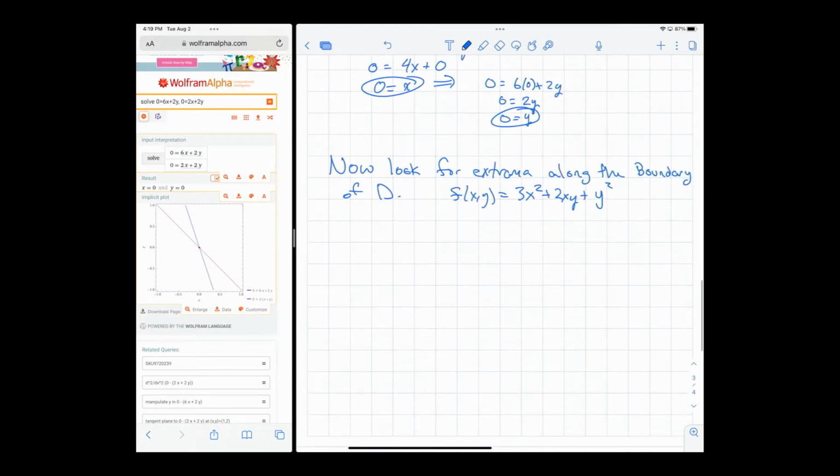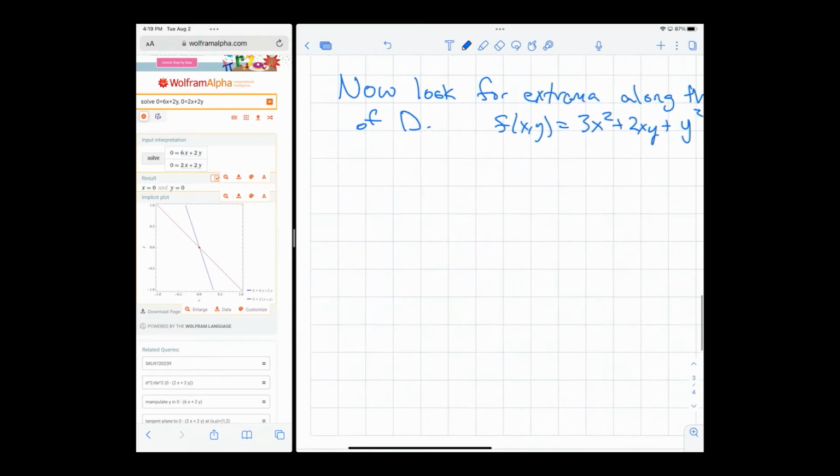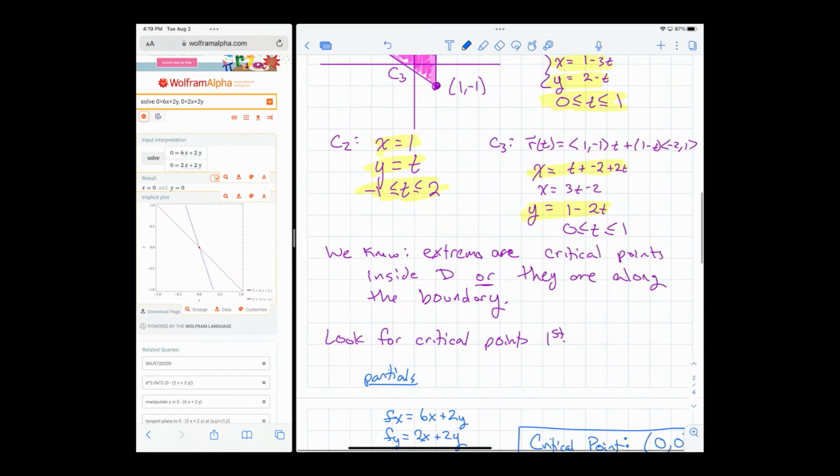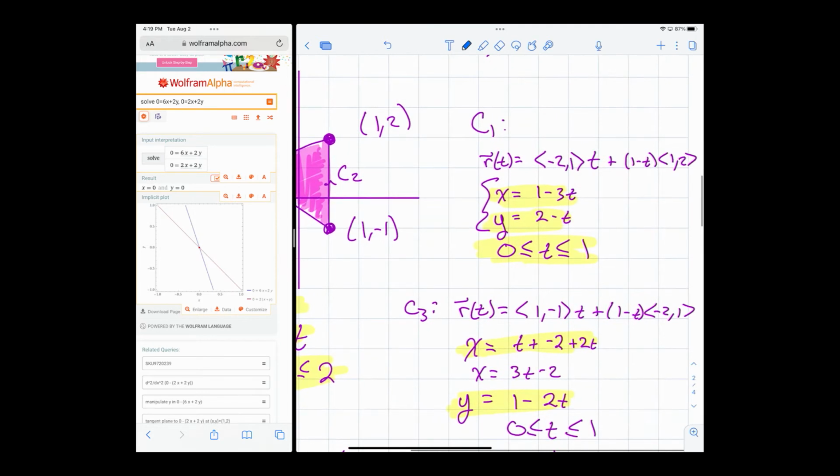So we look for our extrema along the boundary. You have to do this on each piece of the boundary. So let's start with C1. It's not the easiest piece to start with, but we will. What is C1? Well, I parameterized it up here, so the part that I need is this part right here.